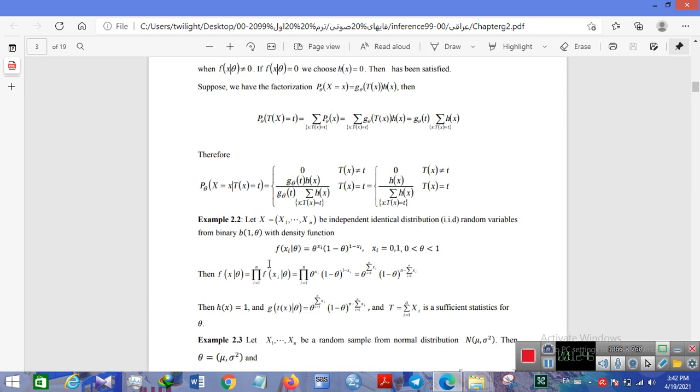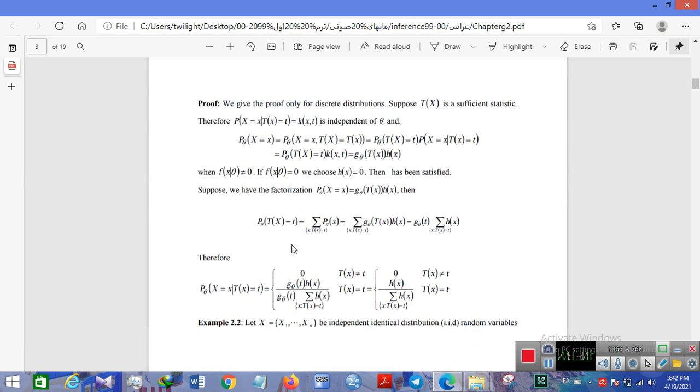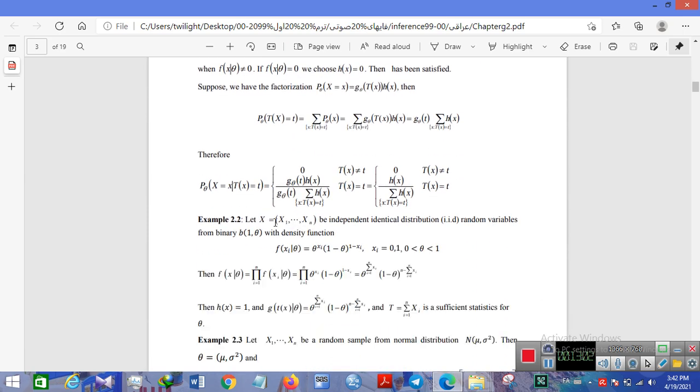In the next example, we find a sufficient statistic by Theorem 2.1, the factorization theorem. Let X1 to Xn be independent identically distributed from a binary distribution.